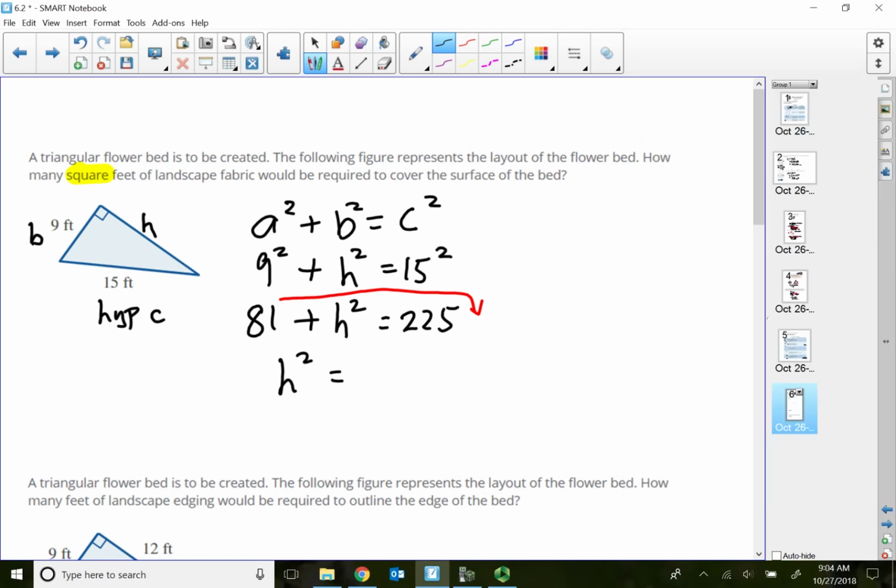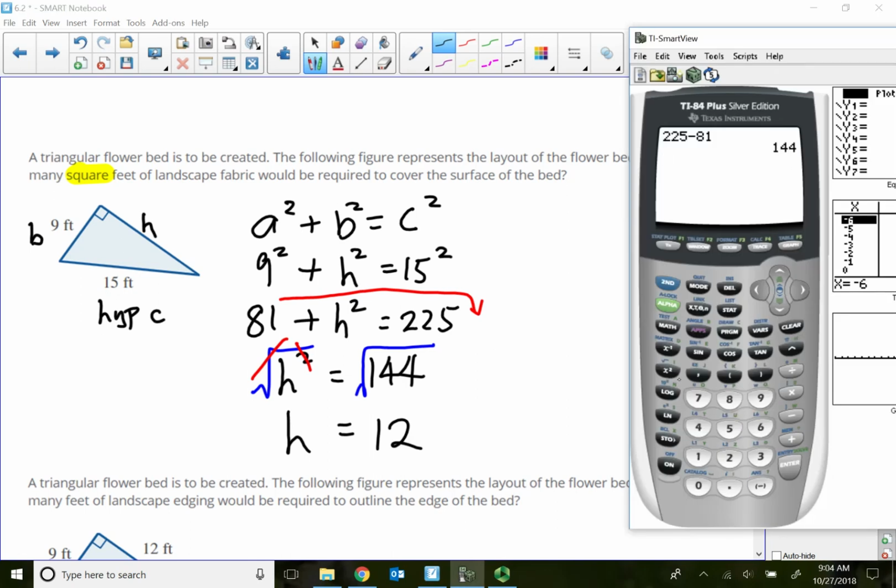So that's 144. To get my h by itself, we will need to take the square root on both sides, because as you can recall, square and square root will cancel each other out. So my height is equal to 12, because the square root of 144 is 12.